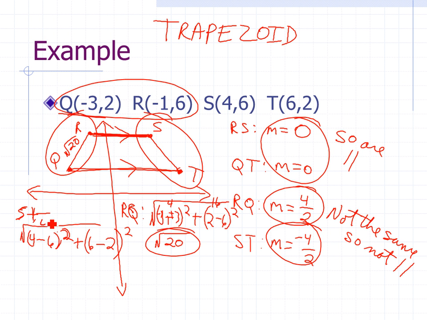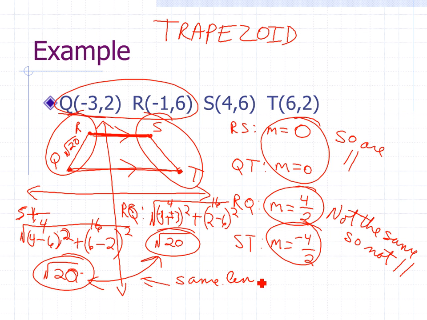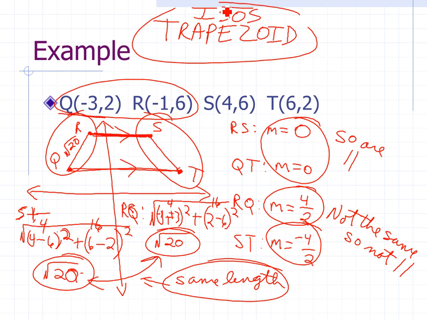Squared. 6 minus 2? 4 squared. 4 plus 16. What's that tell us about those two? Same length. And if they're the same length, what kind of trapezoid is it? It's isosceles, good. So the best name we can give it is an isosceles trapezoid.